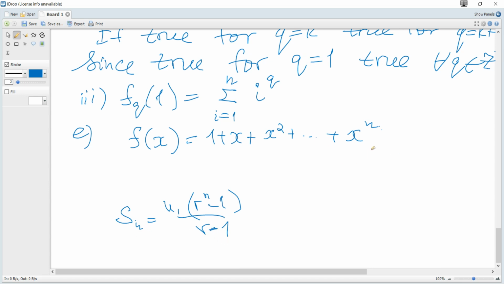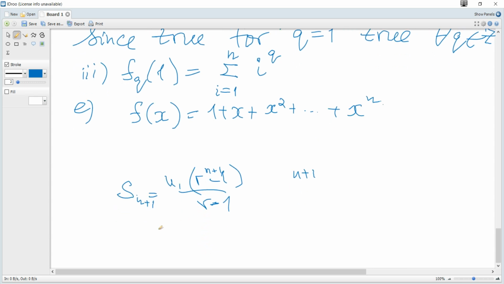But notice that there are n plus 1 terms here, and actually we should consider the sum of the first n plus 1 terms, or you may use in general sk as the sum of the first k terms, and here k is n plus 1.